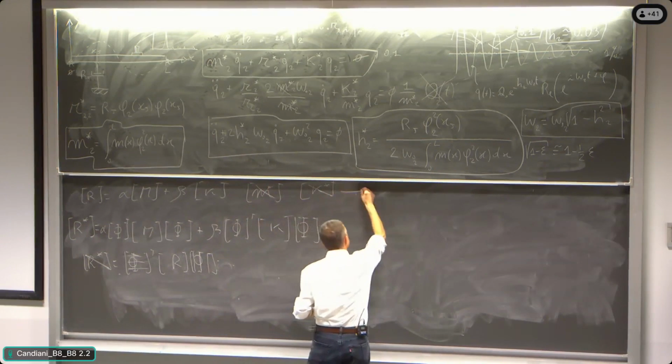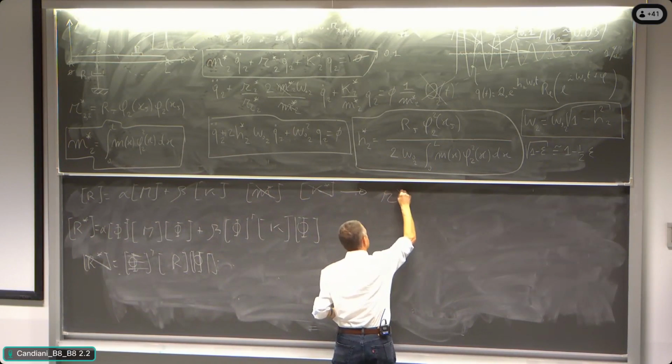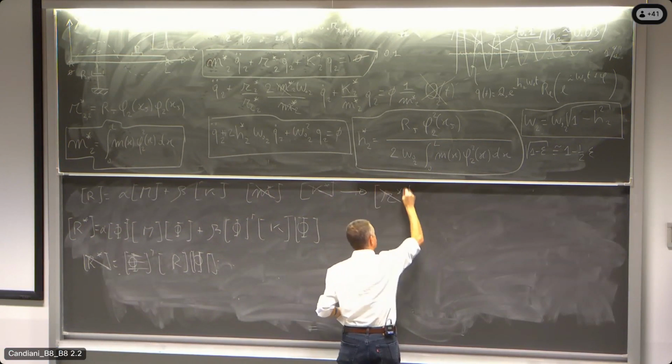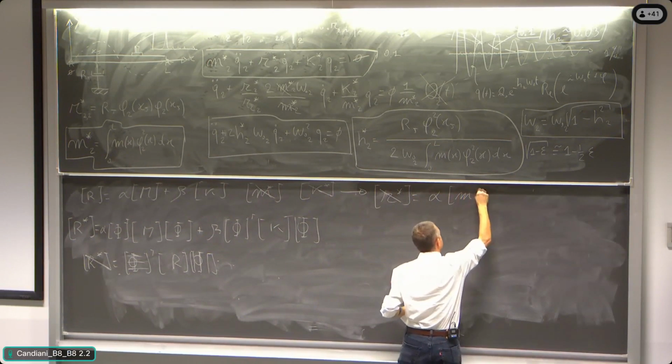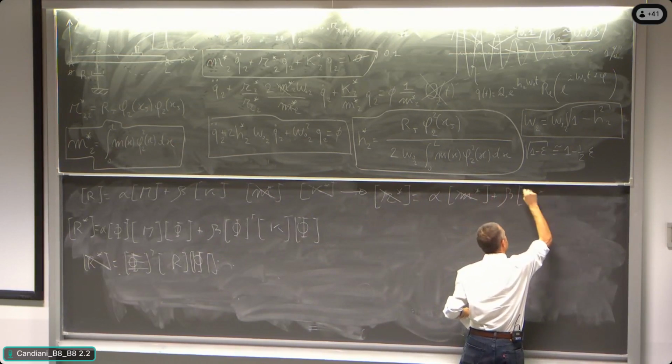The Taylor hypothesis says that we can add a diagonal damping matrix made as alpha m star plus beta k star.